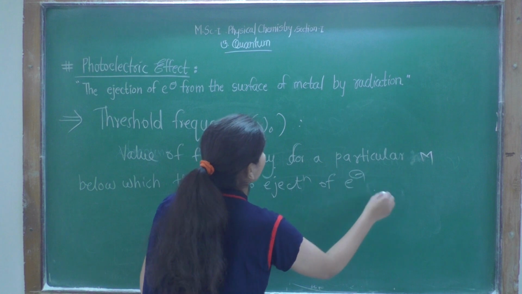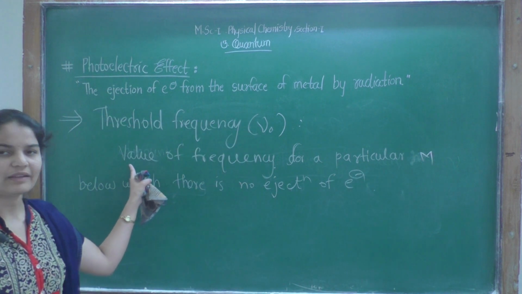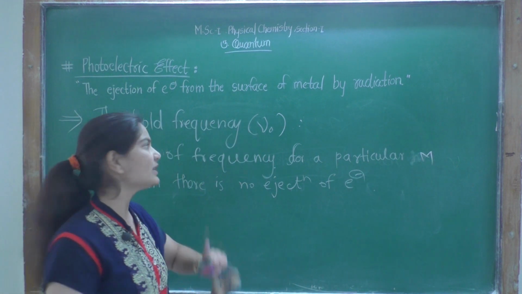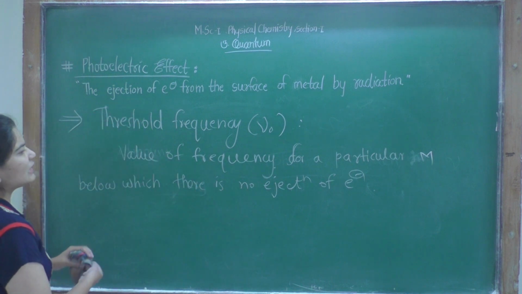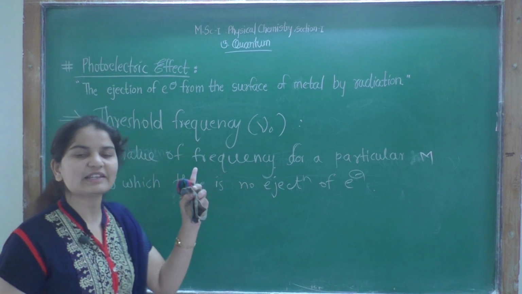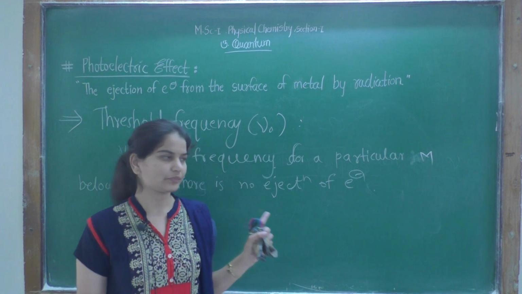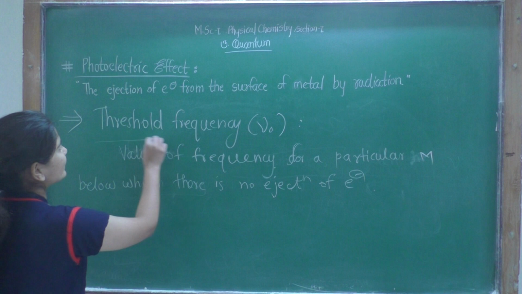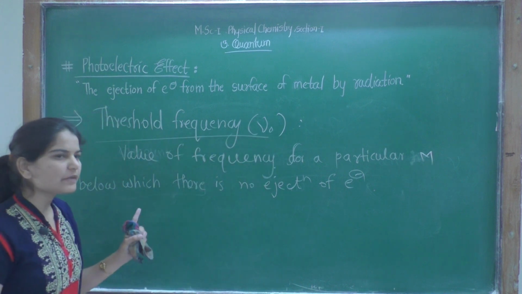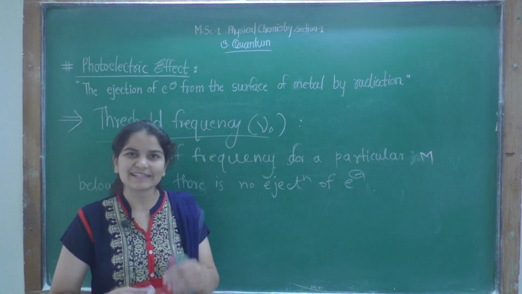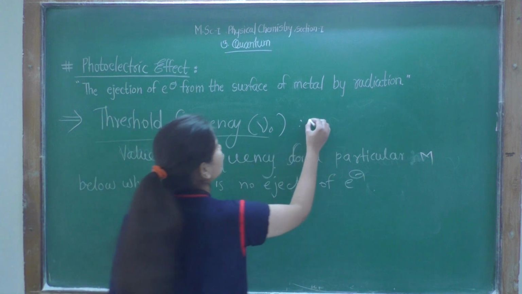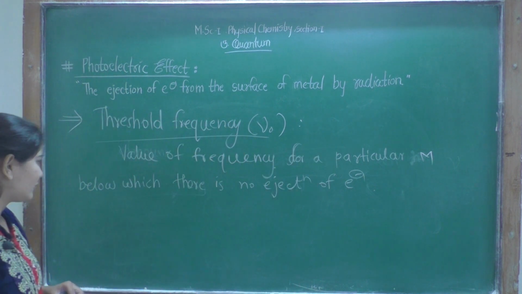Not a single electron will eject if the frequency is below the threshold frequency. What is the threshold frequency? It is the value of frequency below which no electron is going to eject. That means it is the minimum frequency required for ejection of electrons.